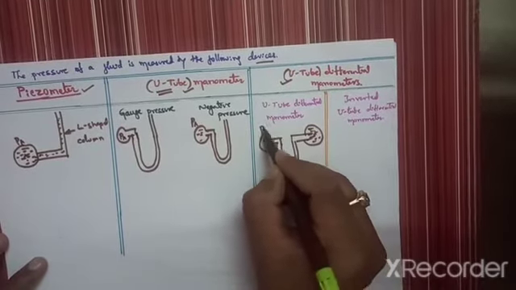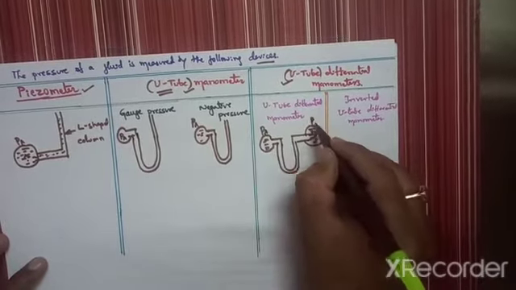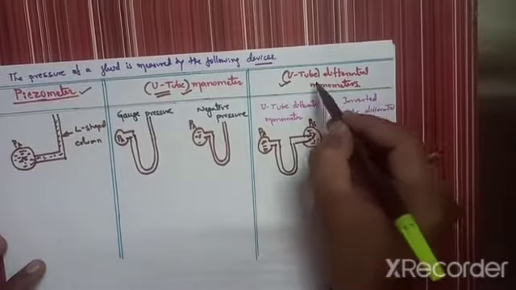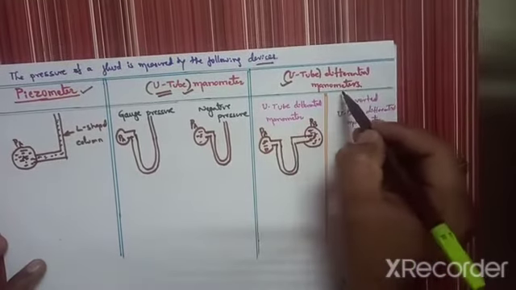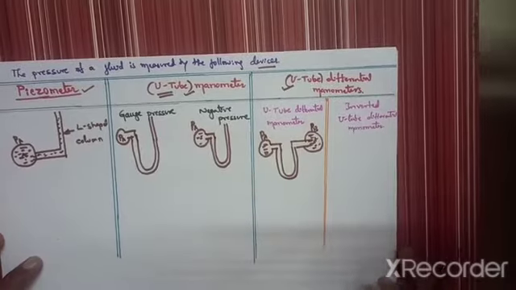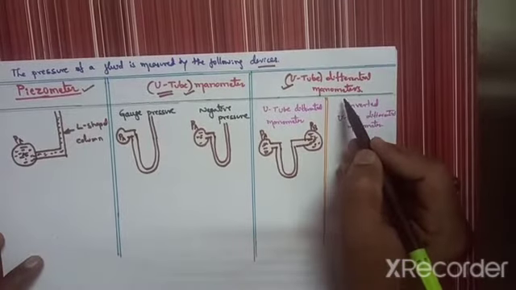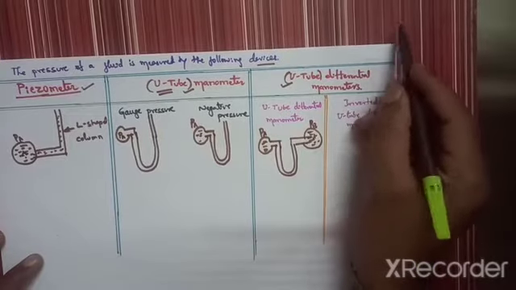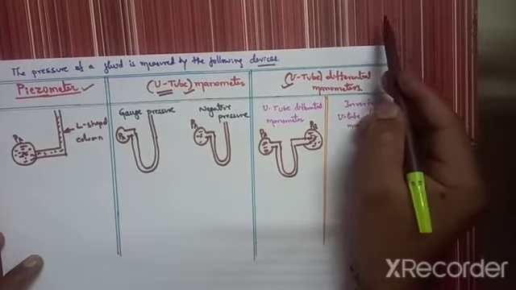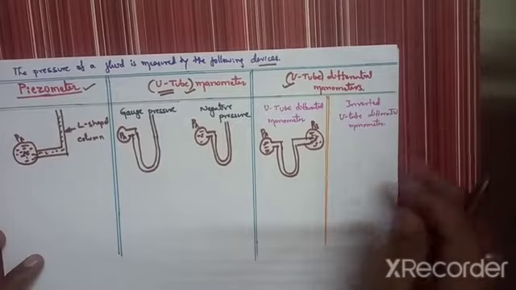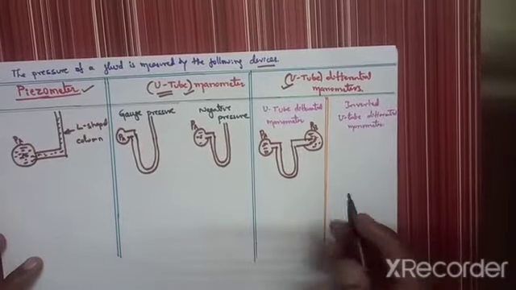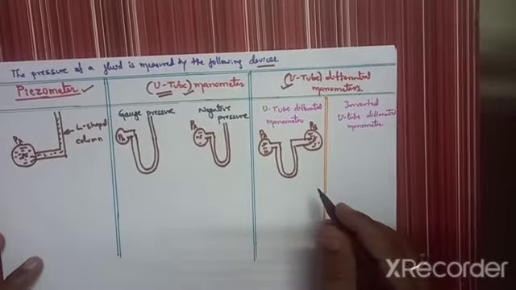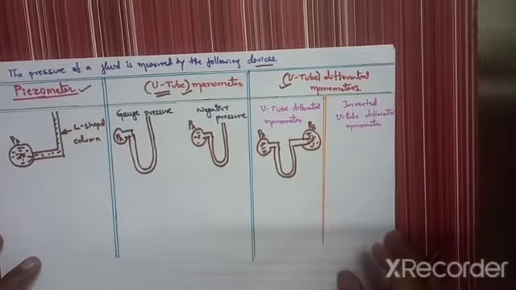Here is pressure A and here is pressure B. If you need to understand how the U-tube differential manometer works and the expression for pressure difference, click on this link. A video is already uploaded on my YouTube channel, so you can watch it and understand how the U-tube differential manometer works.